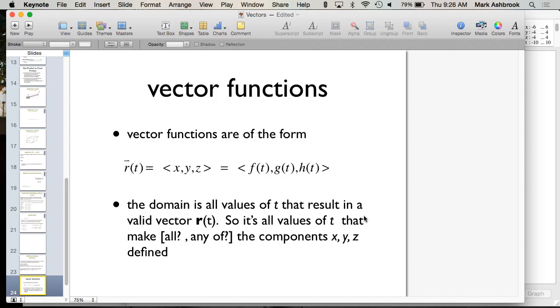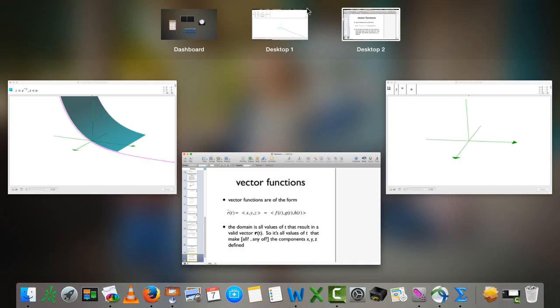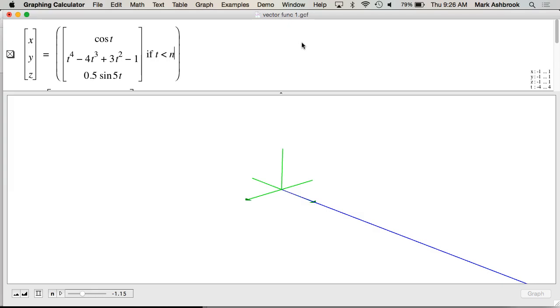Okay, so I got a cool one here. So here's one. It's written vertically there. It looks a little bit more like the parametric form, but you could easily write it horizontally. Okay, so I've got x is cosine t, y is this polynomial, and z is 0.5 sine of 5t.